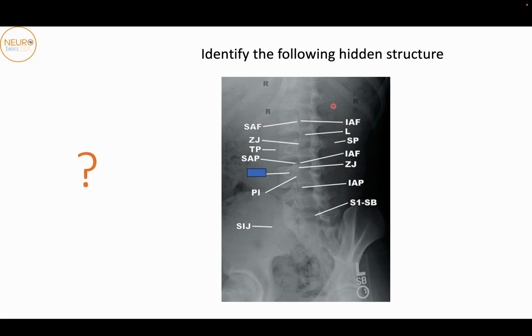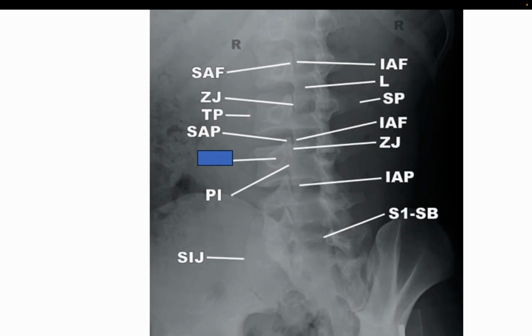Can we identify these hidden structures seen on an X-ray? So this is an oblique X-ray, and what would this structure be? Right, so this is the eye of the Scottish dog.